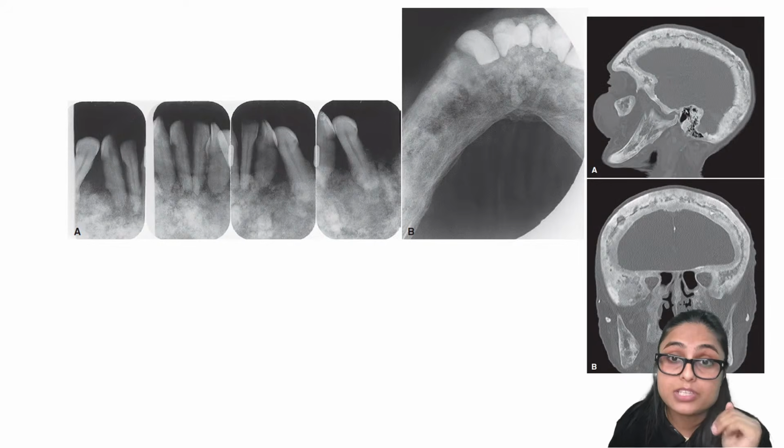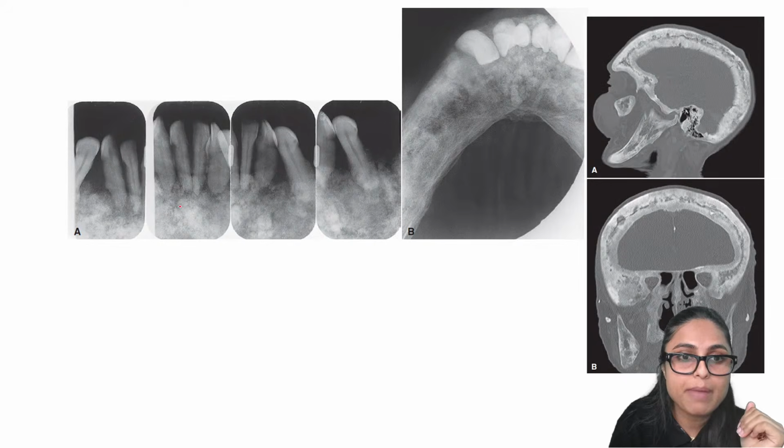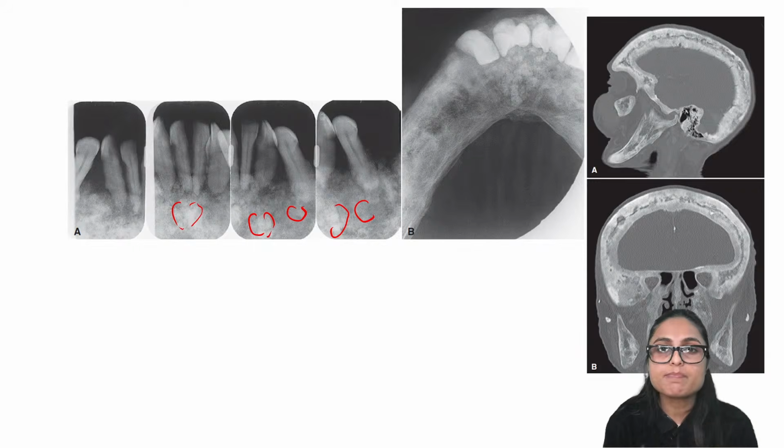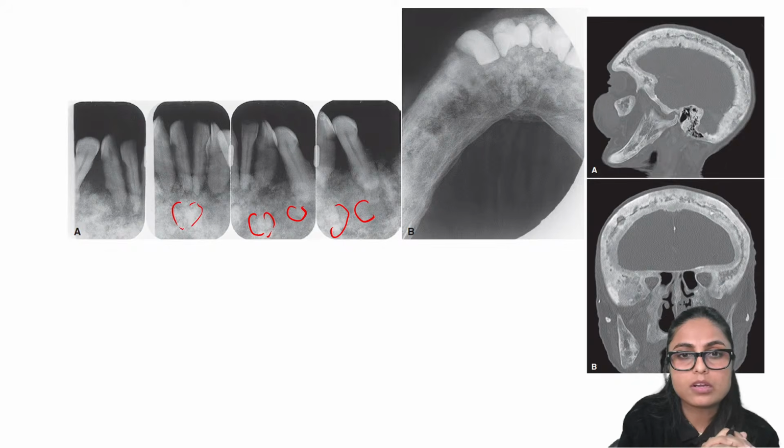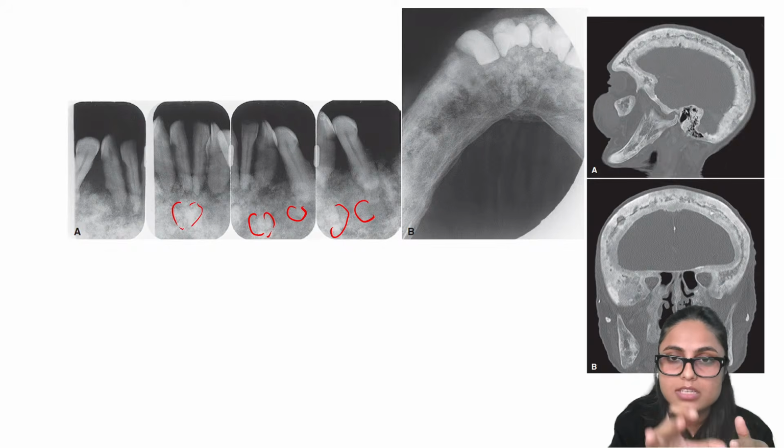If I talk about Paget's disease, can you see the patchy bony sclerosis? What happens in Paget's disease? Basically, there is abnormal resorption of bone by the osteoclasts and deposition of immature bone, and that gives us this appearance.